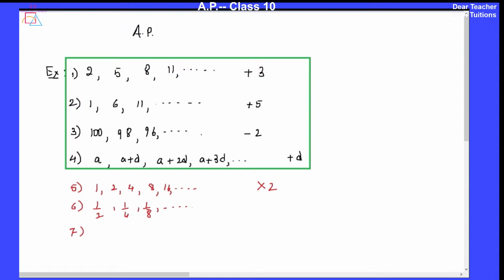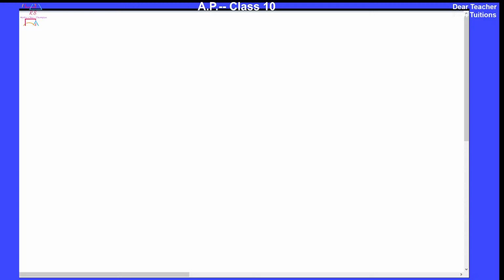So now let us go to the problems. But before we go to the problems, we will have the general arithmetic progression. For every progression we need a first term.